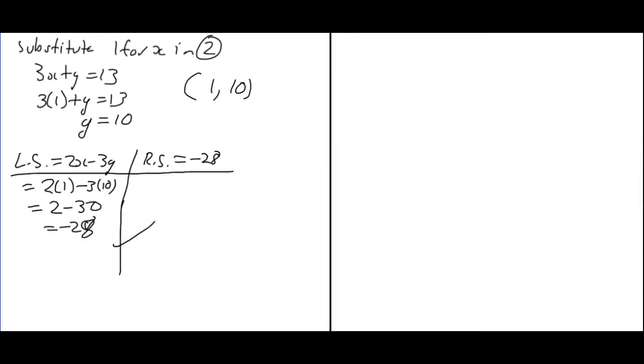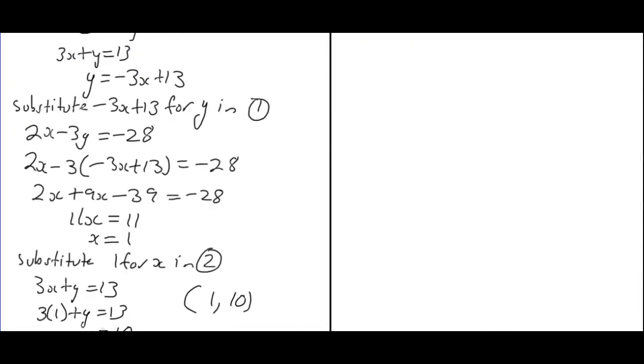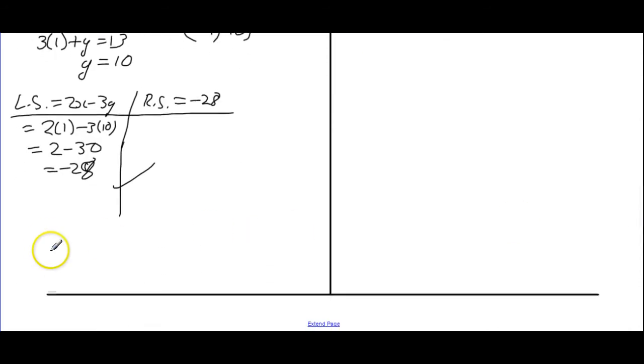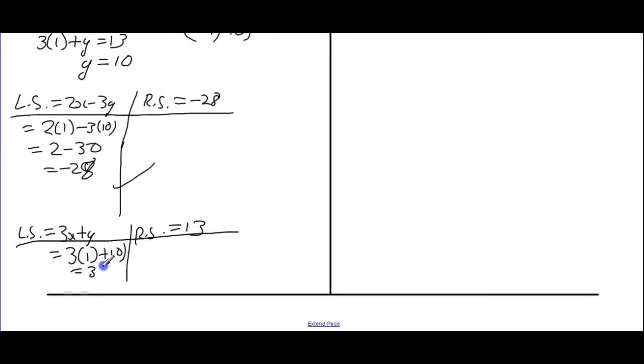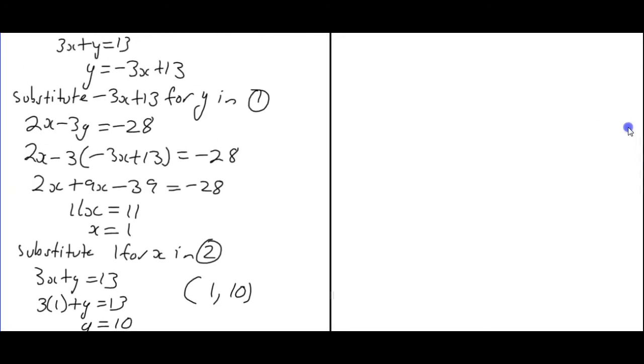Yes. And equation 2, 3x plus y equals 13. The left side is equal to 3x plus y. Right side equals 13. 3 times, and we just substitute in what we think the point is. And that's also true. So that is the solution to that system.